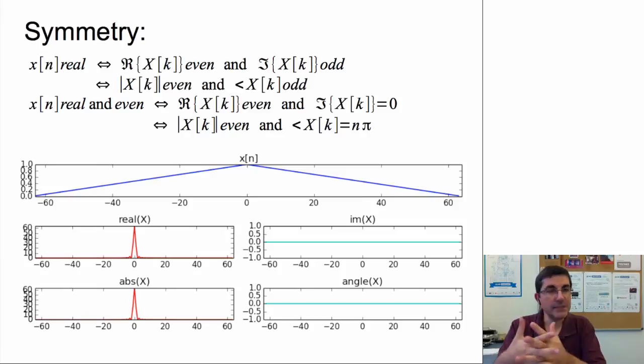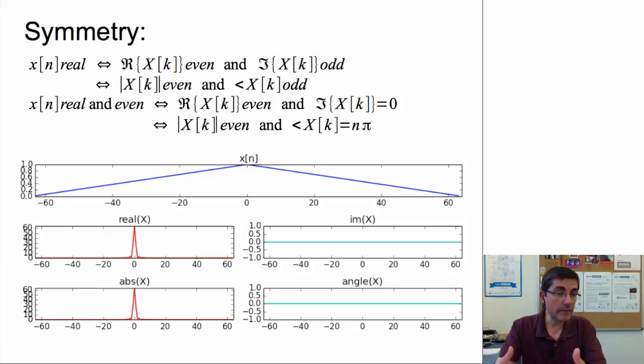Now let's talk about symmetry. In the DFT we have a whole bunch of symmetries, and that's good. They are going to be very useful for many operations that we'll be doing. So for example, if we start with a real signal, which is the type of signals that we'll be dealing with, then if we take the DFT of that real signal, the real part of the complex spectrum is going to have an even symmetry, and the imaginary part of the spectrum will have an odd symmetry.